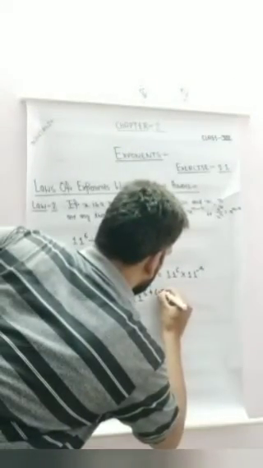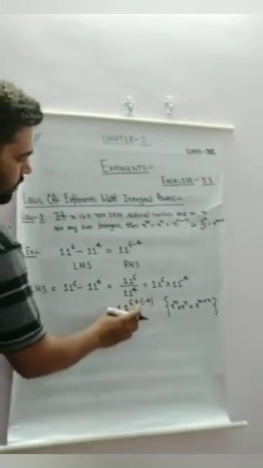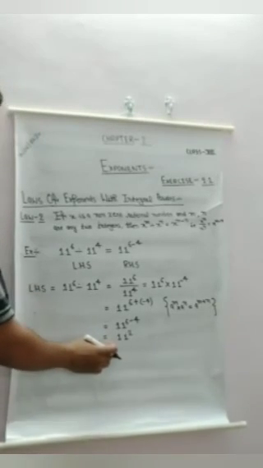We get 11 raised to power 6 plus minus 4, because we know that a raised to the power m into a raised to the power n is equal to a raised to the power m plus n. 11 raised to the power 6 minus 4, we get 11 raised to the power 2. Our LHS is equal to 11 raised to the power 2.